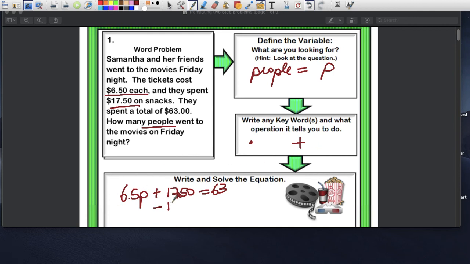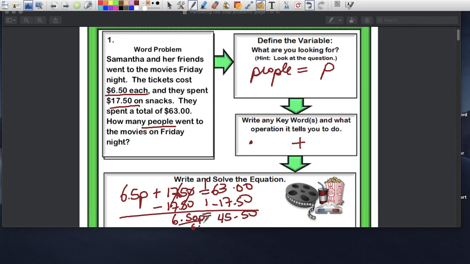First thing we do is minus $17.50 on this side, minus $17.50 on this side, and these go away, so we've got 6.50p equals 45.50.